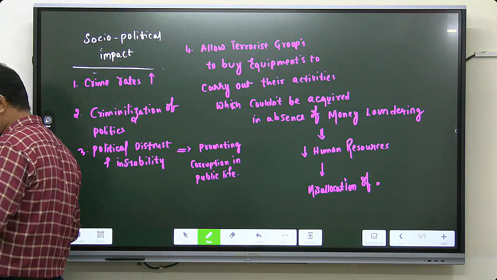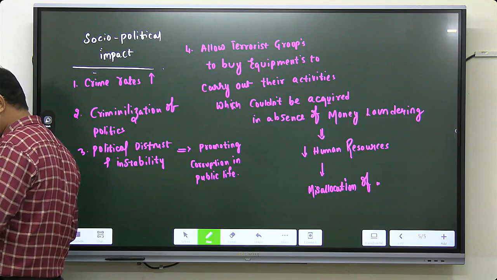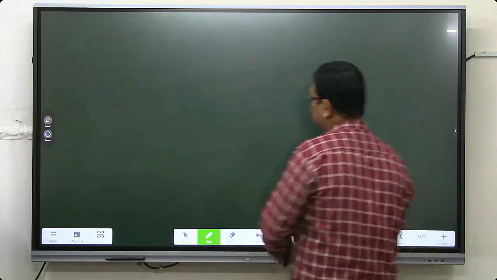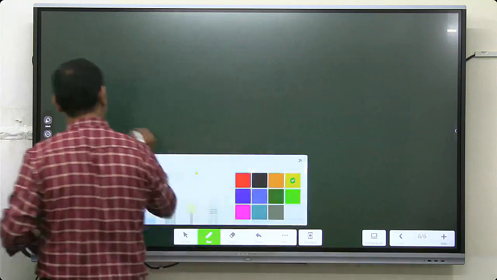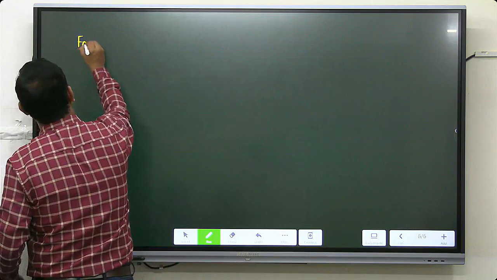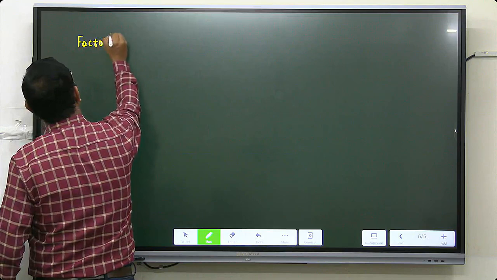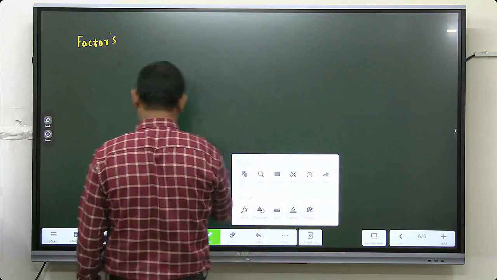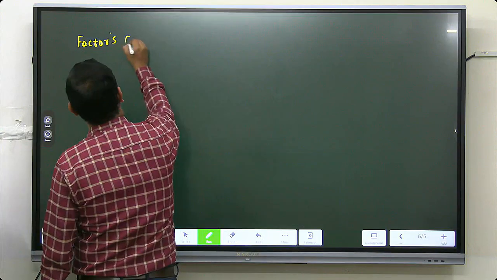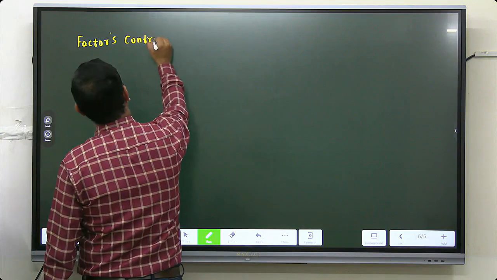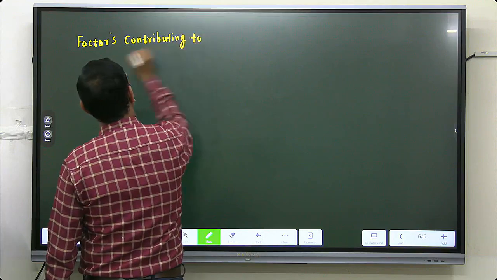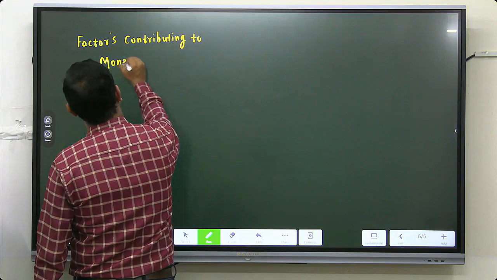Then what are the factors contributing to money laundering? Factors contributing to money laundering.